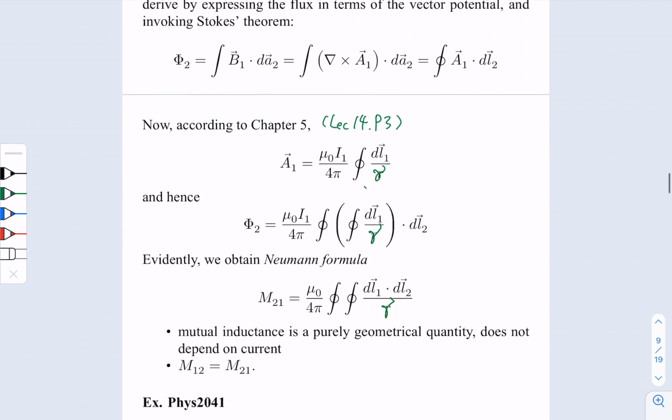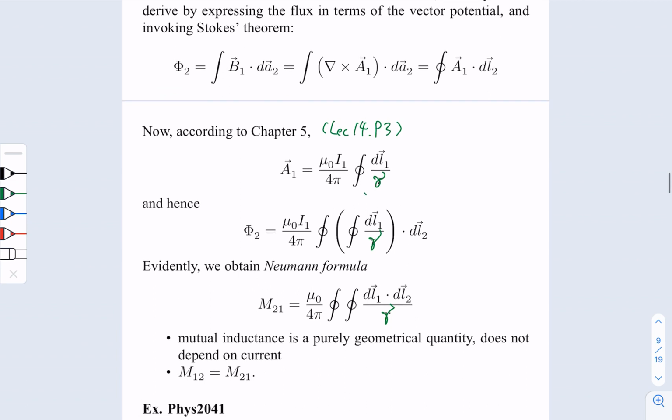And if we take a closer look at this expression, we see that it doesn't depend on the current on any loops. So it's only a mathematical or geometrical expression, and it involves the information of how these two loops are placed in 3D space.